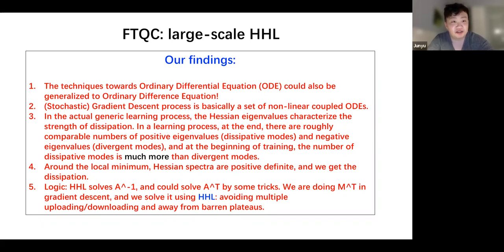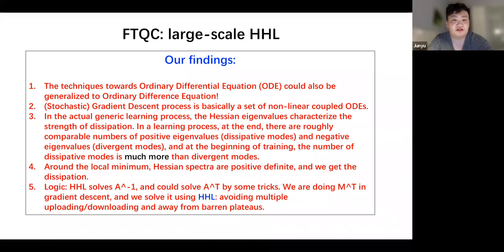That means the system is highly dissipative and it is learning. But around the end of learning, because we are almost not learning anything, there are roughly comparable numbers of positive and negative eigenvalues. So that means the system is not that dissipative.